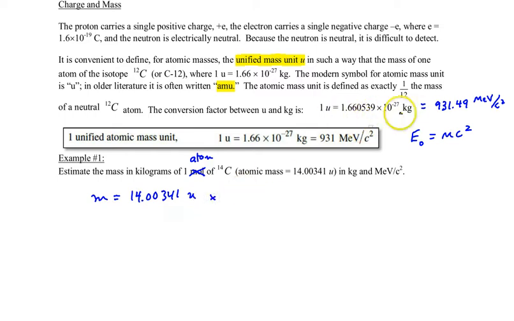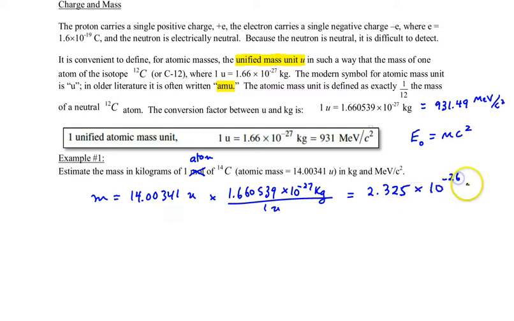We're going to multiply by 1.660539 times 10 to the power negative 27 kilograms divided by 1 u. This gives us an answer of 2.325 times 10 to the power negative 26. I could probably use more significant figures. That's the mass written in kilograms, so now you know how to convert from atomic mass units to kilograms. This is on your constant sheet, by the way.